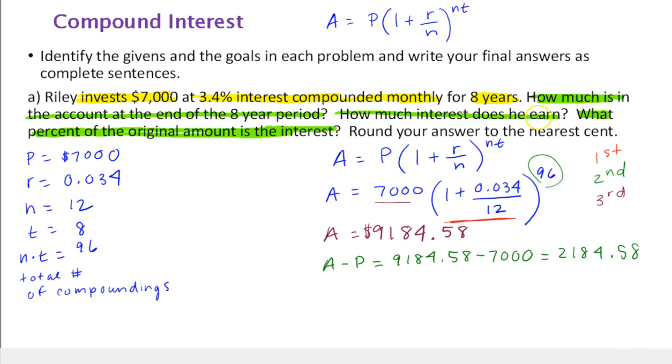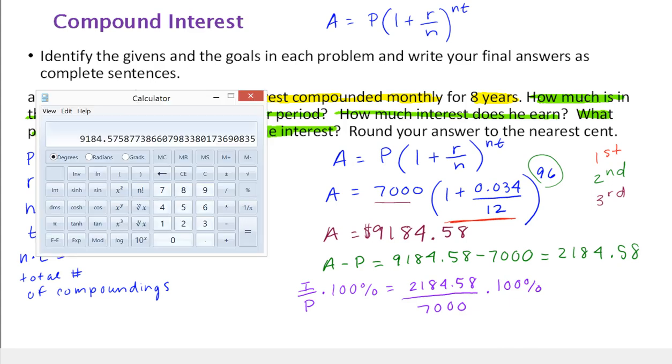Now our last question. We're asked what percent of the original amount is the interest. We found this before by dividing the interest, that's I for interest, by the principal, and we multiply by 100% to write this as a percentage. Now the interest was $2,184.58. We'll divide by 7,000 and multiply by 100 to get the result as a percent.